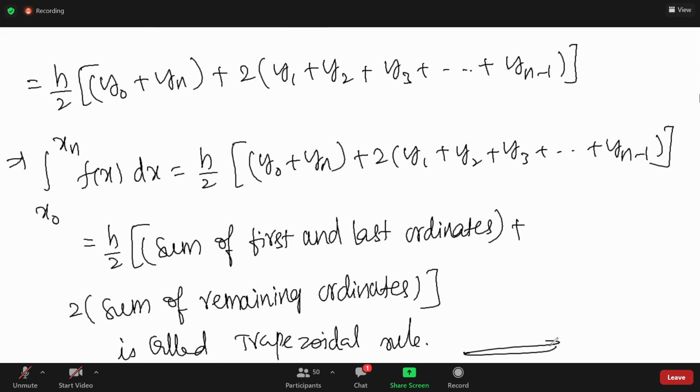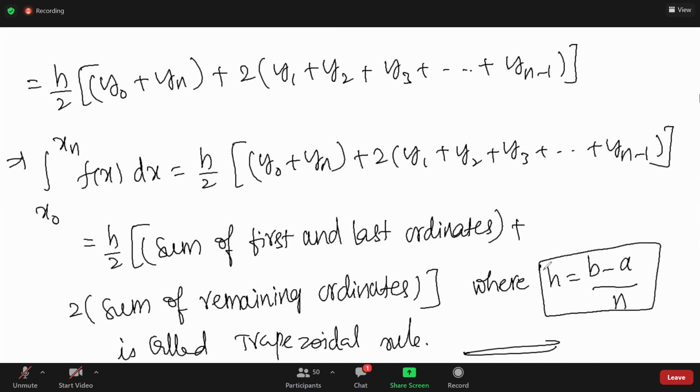What is h here? h is called the interval of difference or length, where h is equal to the length of the interval, b minus a by n. Here n is the number of subintervals. How many subintervals here?